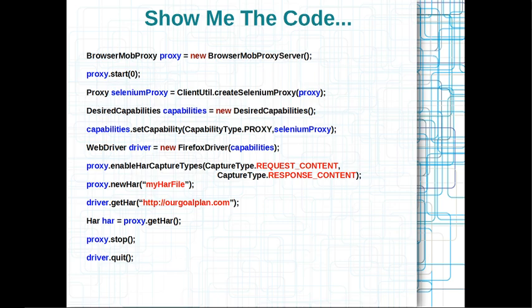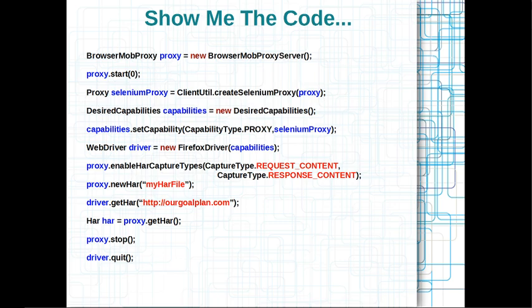Now we are just navigating to our goalplan.com, and after it has navigated, it has created the HAR object. So we have to just get that HAR. How will we do that? We will just call the getHar method, and it will store all the HAR data in that HAR object.